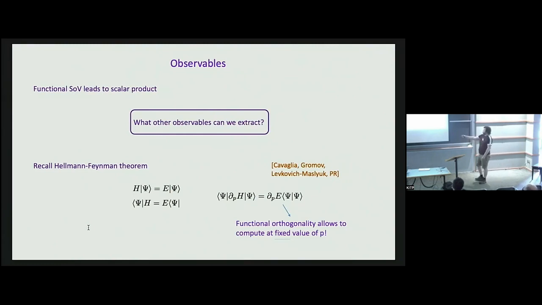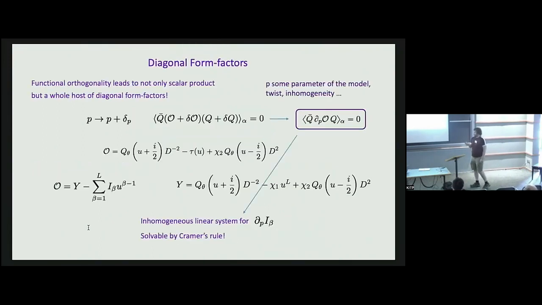And of course we can do all of this in the spin chain setup, but this functional separation of variables or functional orthogonality allows you to actually compute this without needing to take a derivative, really at a fixed value of p of the eigenvalues. So to see how this works, as I said, p is some parameter of the model. So pick your favorite parameter of the model, twist, inhomogeneity, anything you like.